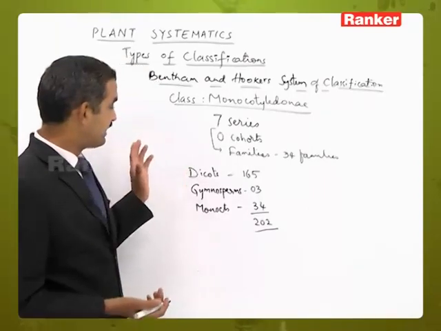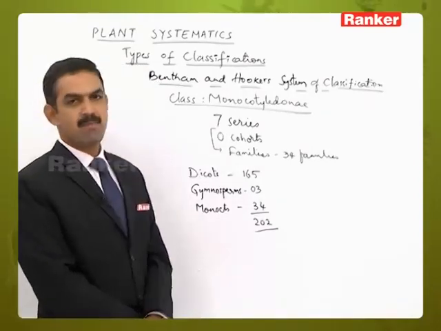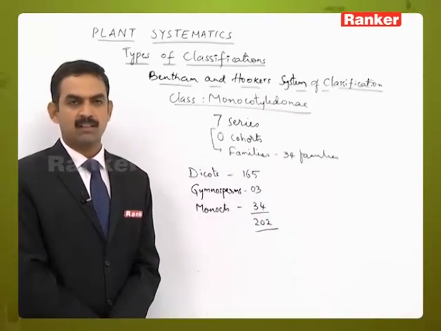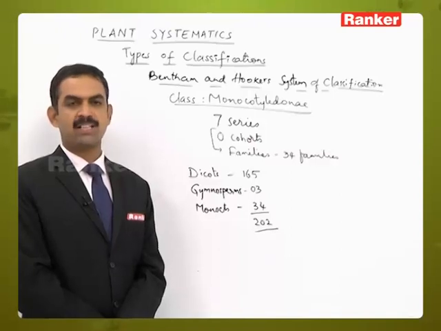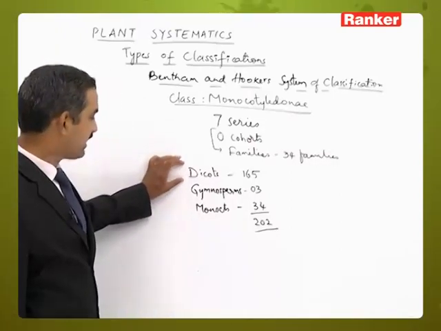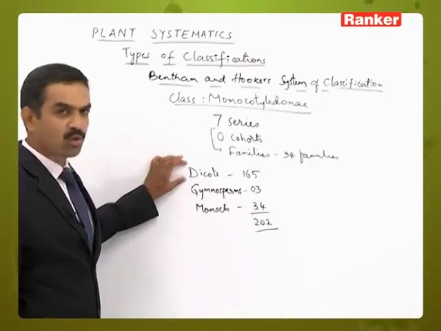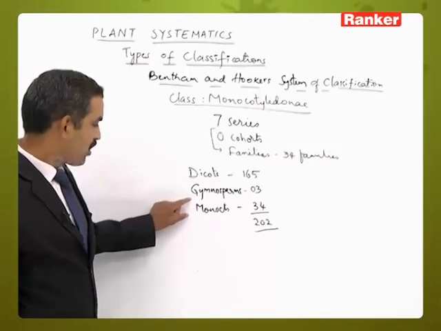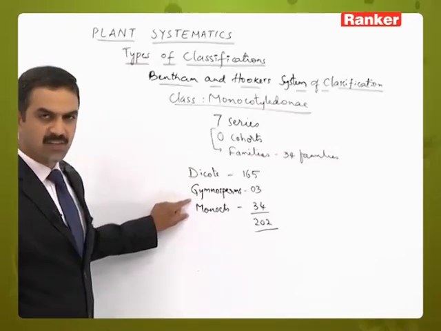So here there are many merits and demerits related to the classification given by Bentham and Hooker. The major demerit is, we know that dicots contain seeds enclosed inside the fruit wall. Monocots also have seeds enclosed inside the fruit wall.